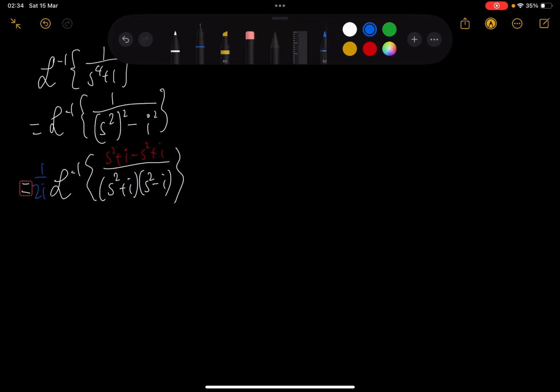And then next step, we are going to use the partial fraction. The s^2 plus i over s^2 plus i is cancelled out to be 1. So here you just get 1 over s^2 minus i, and then negative 1 over s^2 plus i.